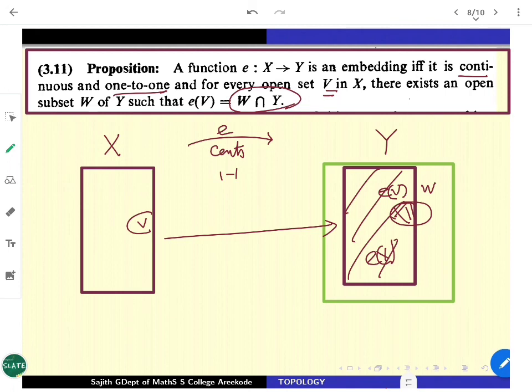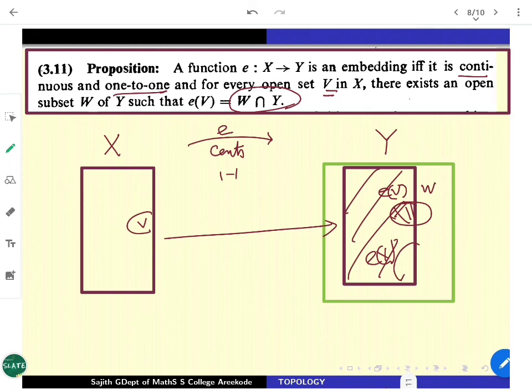The onto part is guaranteed at E of X. E of X enjoys the subspace topology of Y. So every open set in E of X, how will you describe? Any open set here, you have to look at basically an open set in Y intersection with this E of X part. That is what you have to look at.